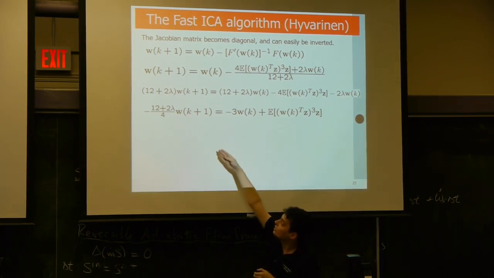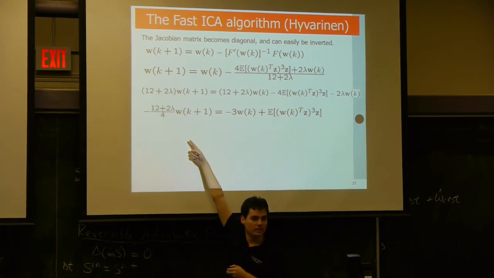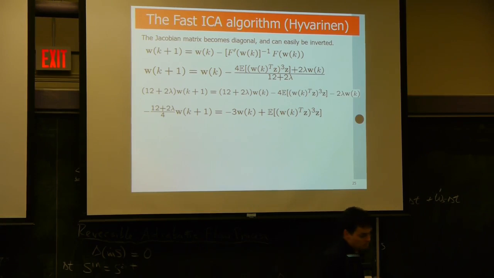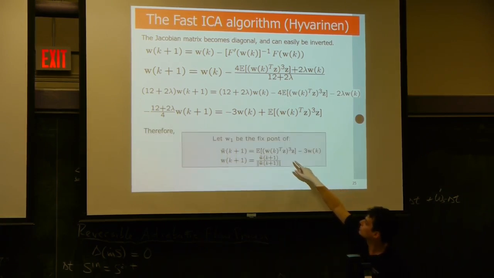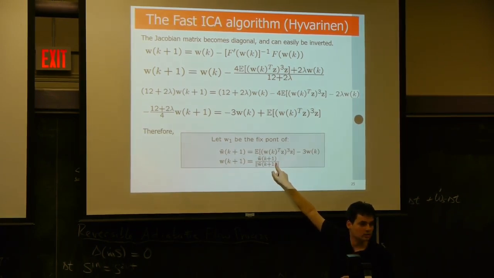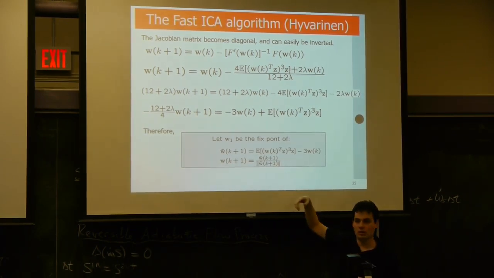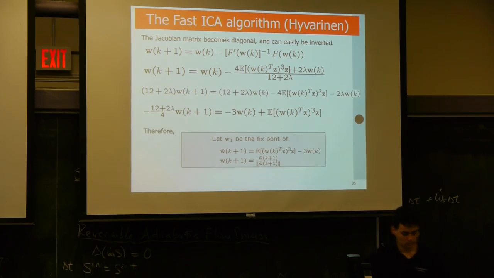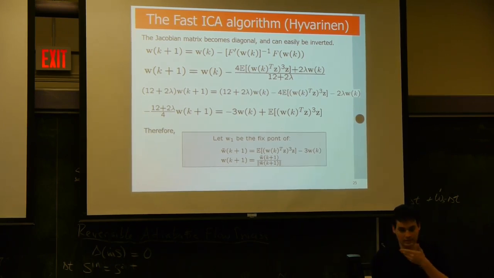And we don't care about this constant here because we know that the norm of w is 1. So you'd update w with this expression, and then you just renormalize this. So this is the first ICA update for one component. And then you do this iteration.